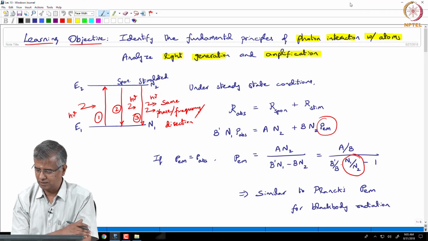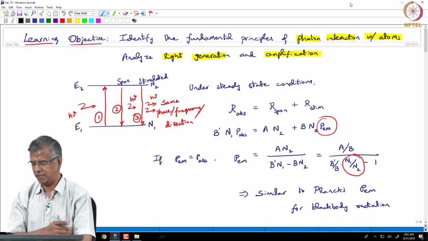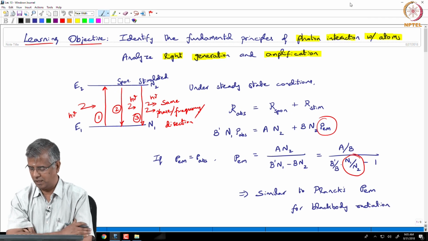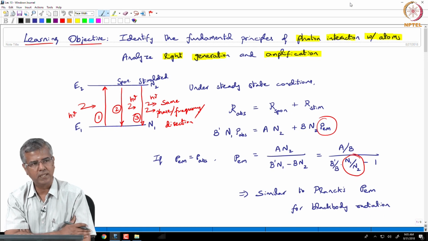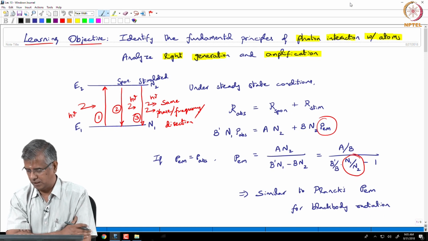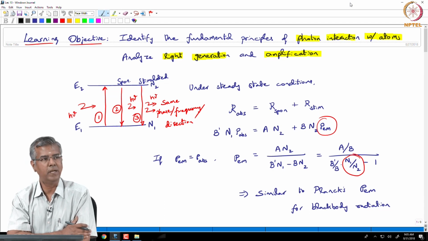Just to give a quick recap, we started with looking at an elementary system consisting of two energy levels. We were tracking all the different processes between those two energy levels: absorption, spontaneous emission, stimulated emission. And then we were trying to quantify this emission probability density, which represents the stimulated emission term.